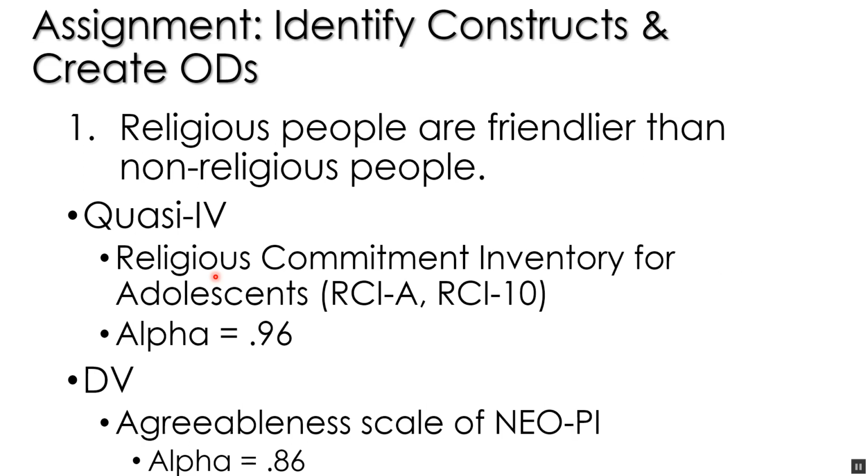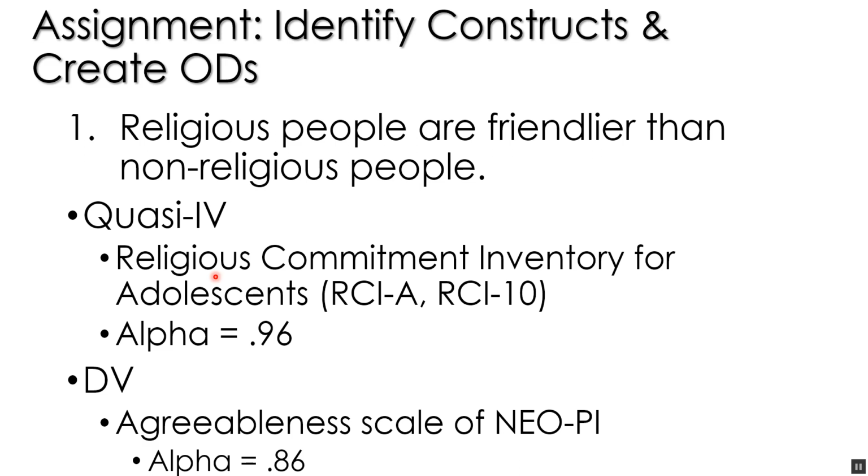And one final example: religious people are friendlier than non-religious people. This is an example of how the ideas of operational definitions and reliability come together, or testing and measurement come together. So our quasi-independent variable would be that subjects would be asked to take the Religious Commitment Inventory for Adolescents.